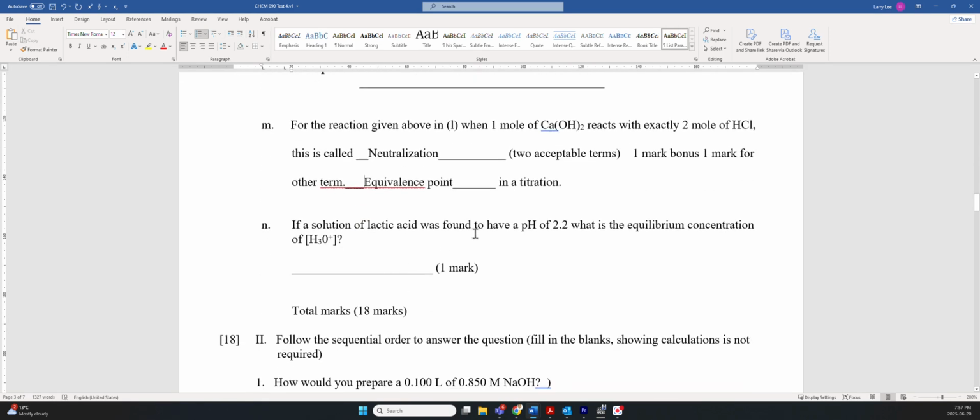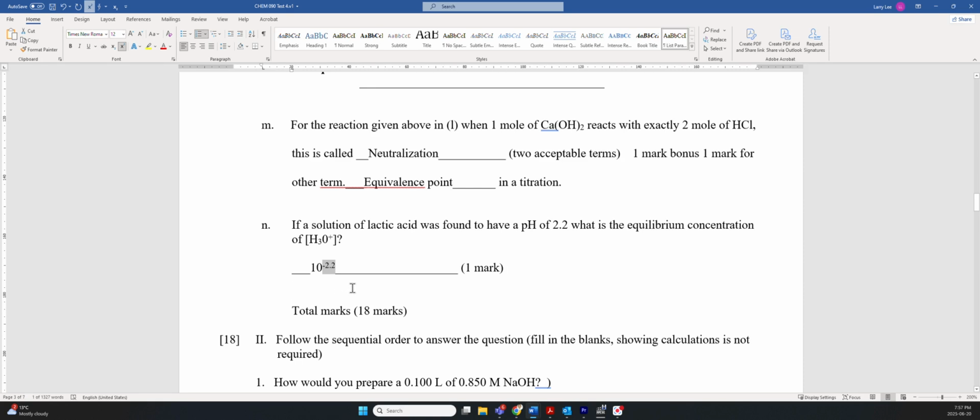If a solution of lactic acid was found to have a pH of 2.2, the equilibrium concentration would be 10 to the minus 2.2. Again, this is where you have to take the anti-log or the inverse log, which is 10 to the power of negative 2.2, or 10 to the power of negative pH.